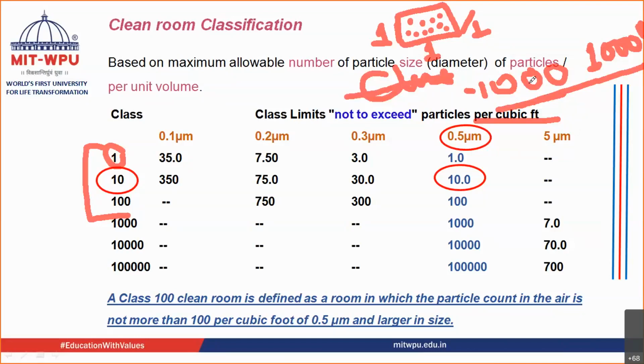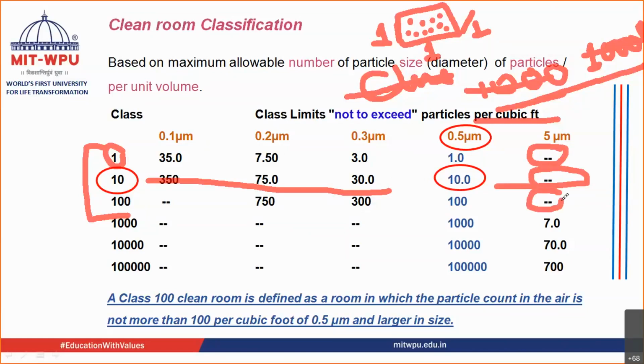If you don't remember this, that is also okay. So class 10 consists of 10 particles of size 0.5 microns. Below 0.5 microns, there may be particles present, but above 0.5 micron, the particles present are 0.